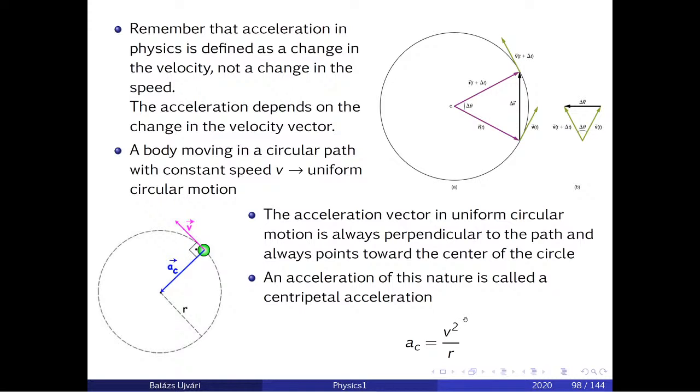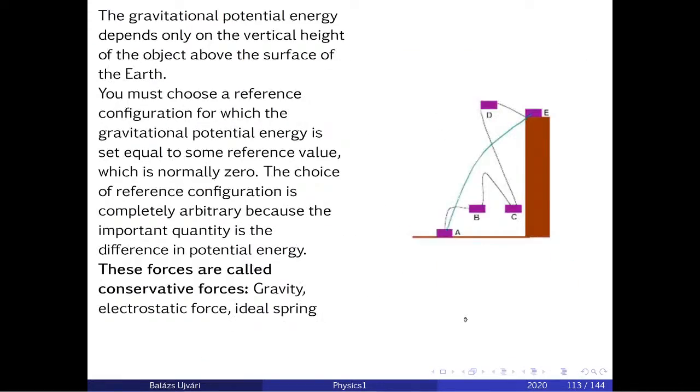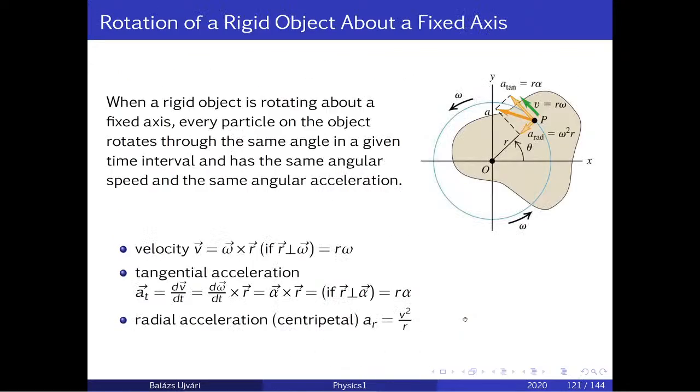Its formula is v square over r, but since the velocity is r times omega, you can rephrase it like centripetal acceleration omega square r. So if it is v square over r, if you replace the v with omega times r, here we have omega square r square, if you divide with r, that will be omega square r.